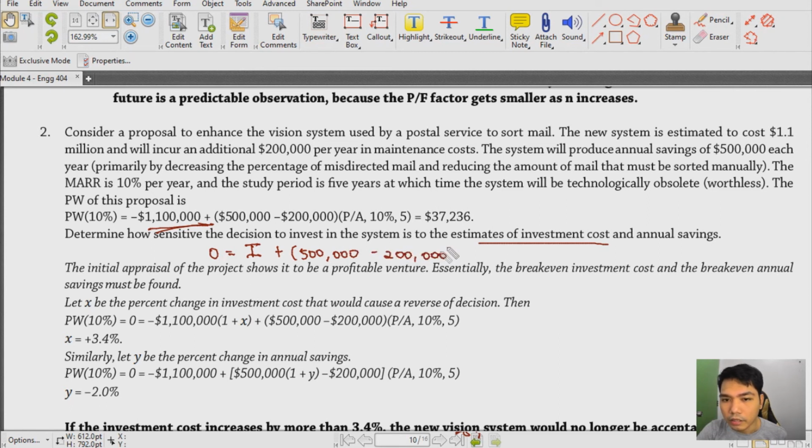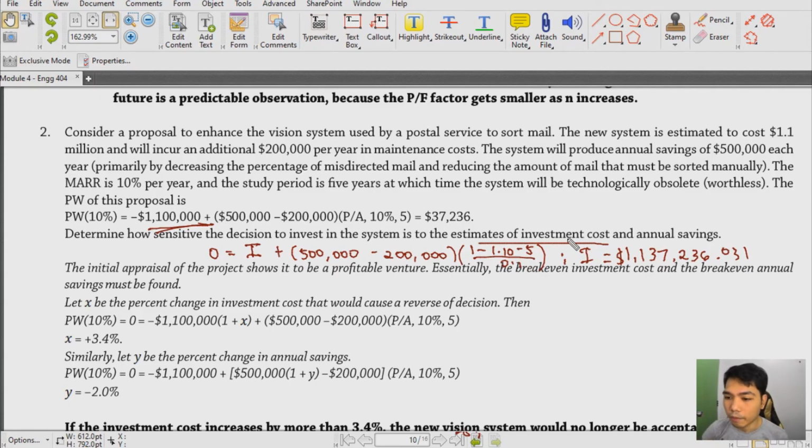Minus 200,000 and then we multiply this by 1 minus 1.10 raised to negative 5 over 0.1 and then yeah. So the investment cost will give us a value that's equal to 1,137,236.031.